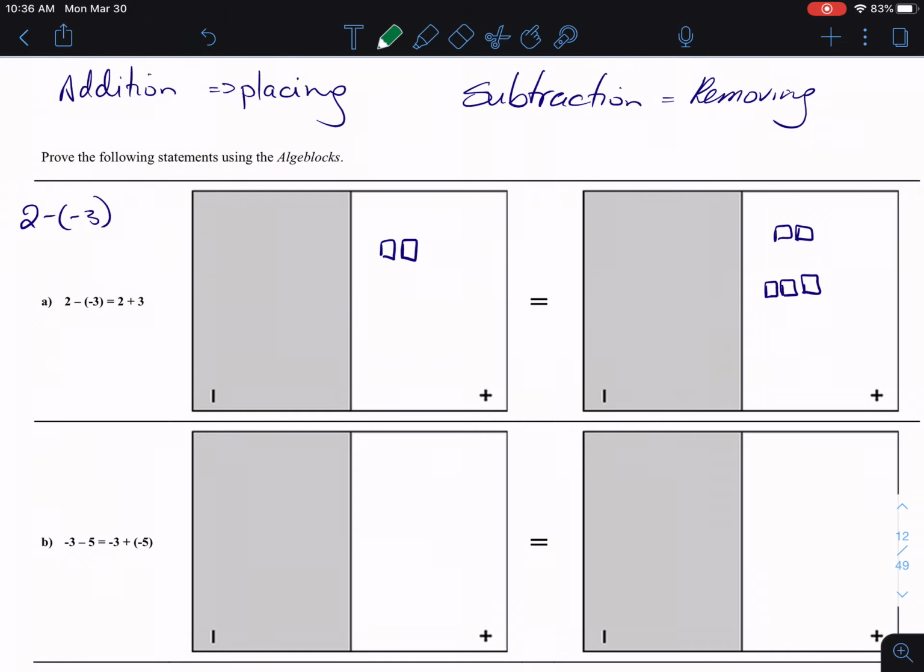So what we're doing, if you look at step 1, is placing the 3 units on the left and the 3 units on the right. And step 2 is taking the ones on the left and removing them.